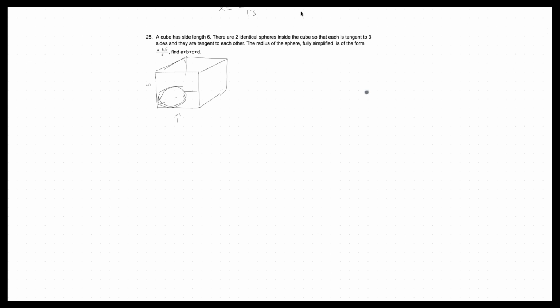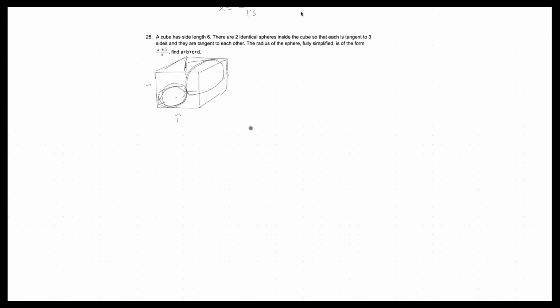And then you have another sphere over here. Pretend they're the same size. This sphere is tangent to this side and the top. So these two spheres are tangent to each other, and they're all tangent to the sides of the cube.